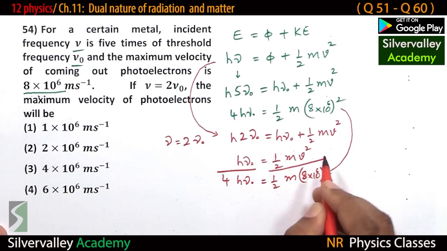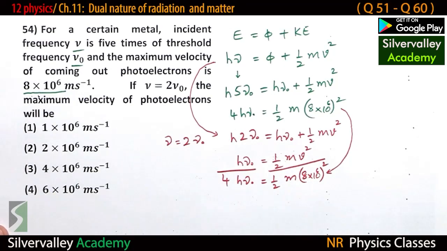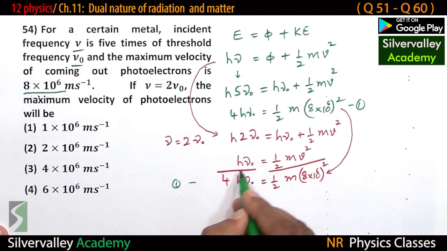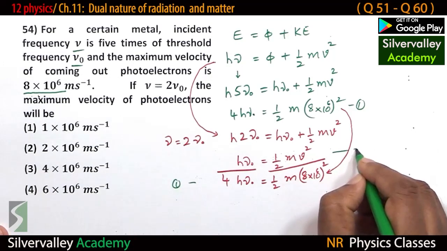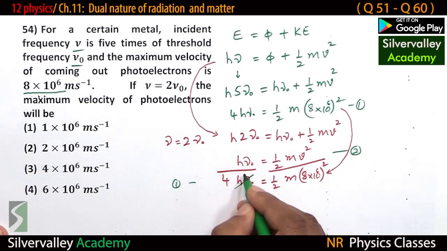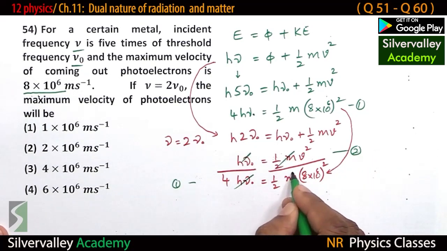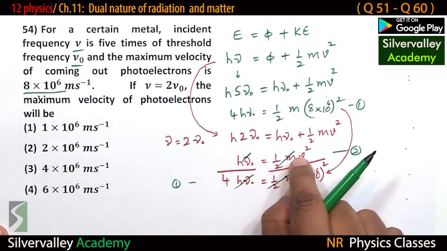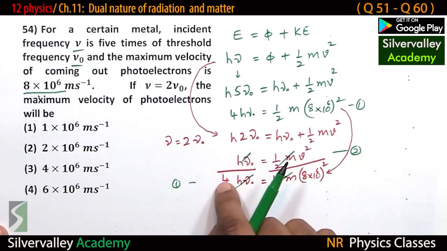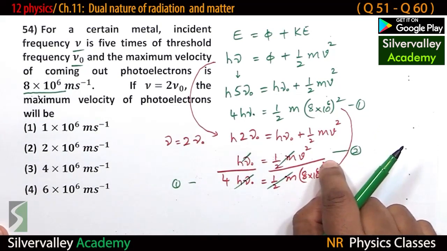Divide. This equation 1 is this equation. This is equation 2. h nu, half m, half m. Look at these beautiful numbers. They rearrange themselves. V square, 4 something square.